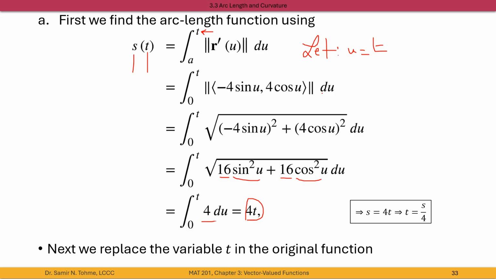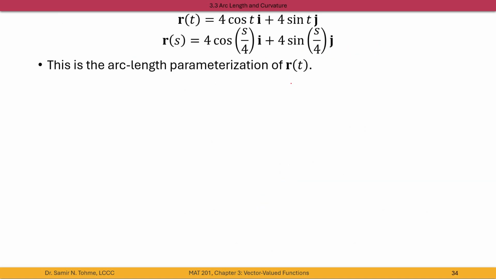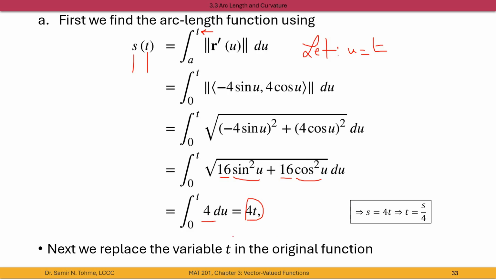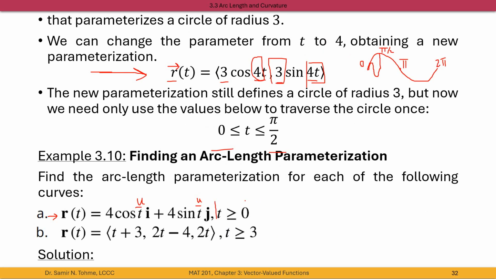But in this one, starting with the simplest case, we're going to say let u equal to t. So we just replace t by u. And we also need to change the condition, the constraint given on the vector function. This is always given with the vector function, for t greater than or equal to 0.